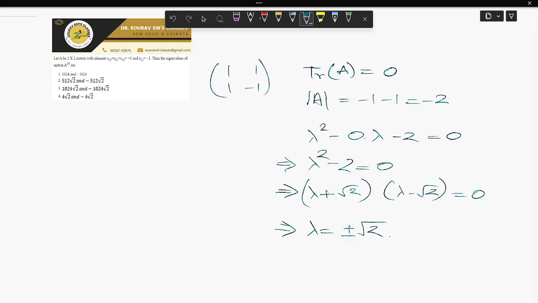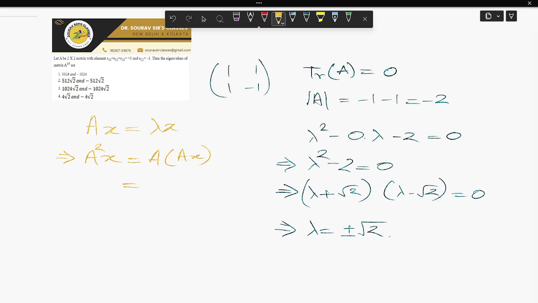So what can be done here? As we know, the eigenvalues of A to the power n are lambda to the power n, if lambda is the eigenvalue of A. So how can we prove that? If lambda is the eigenvalue of A, then Ax equals lambda x. Now if we take A square x, it will be A of Ax.